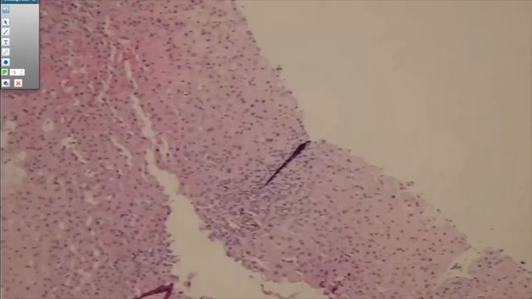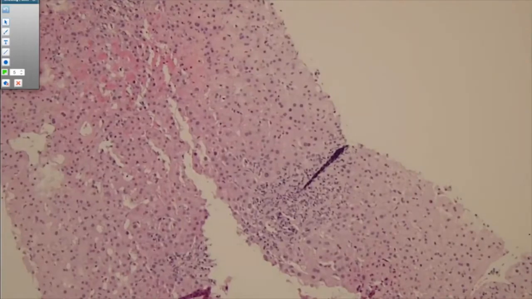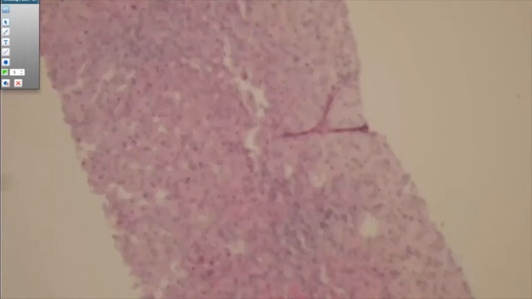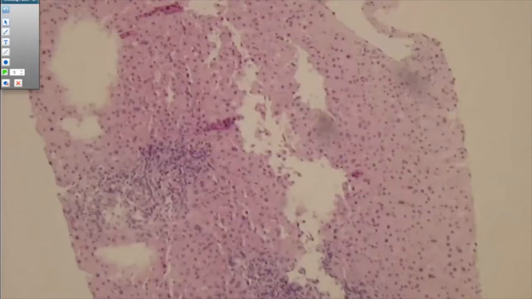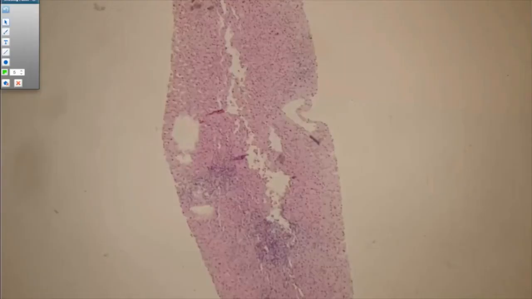And let's move on to rejection. Acute cellular rejection often happens within 1 year after transplant, but can happen anytime after 1 year. And this is T-cell mediated rejection. And Banff criteria is used.